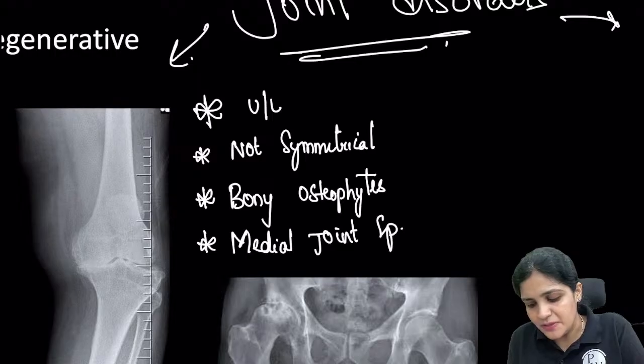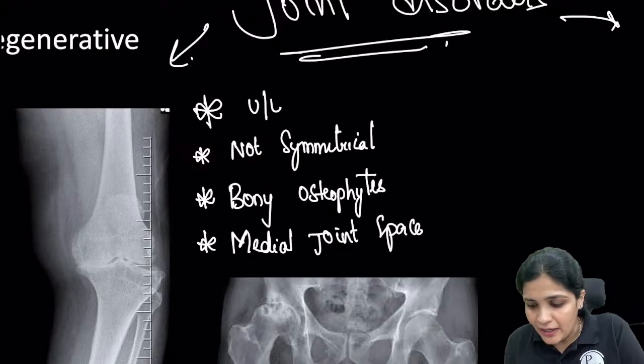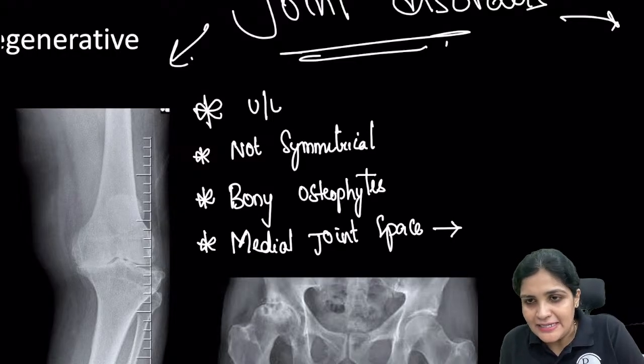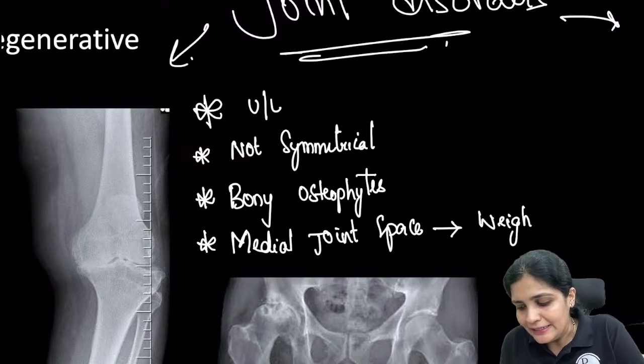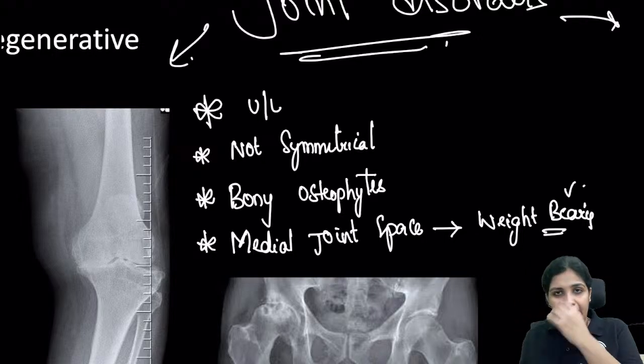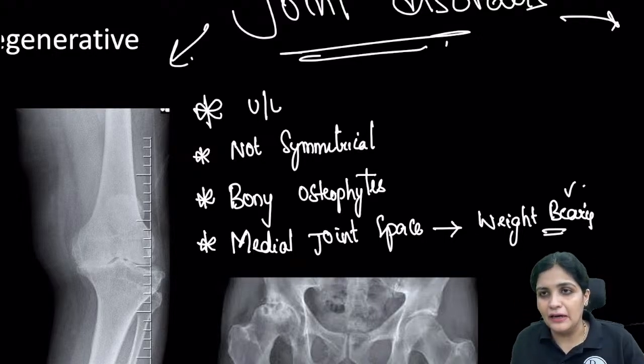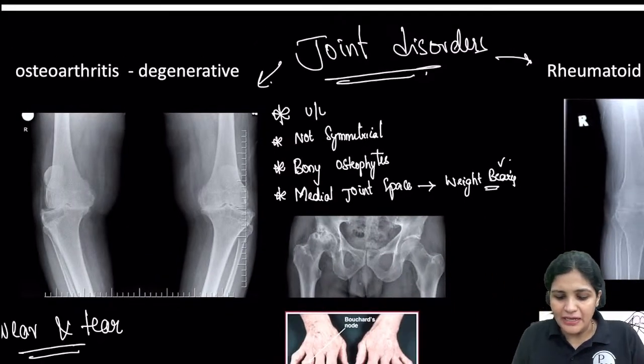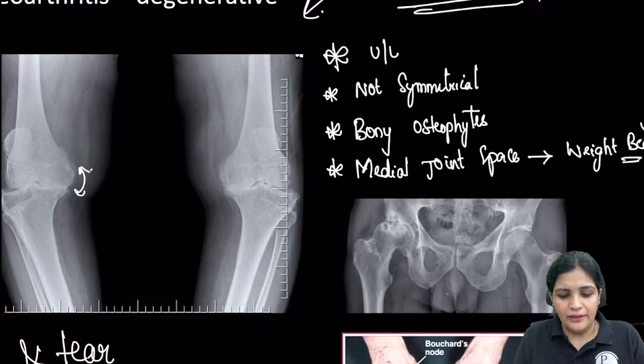Here both the joint spaces in case of rheumatoid, but in case of osteoarthritis, it is mainly the medial joint space because this is the weight-bearing space, right? So because it is a wear and tear mechanism, because of the weight bearing, we get the medial joint space which is usually involved here.